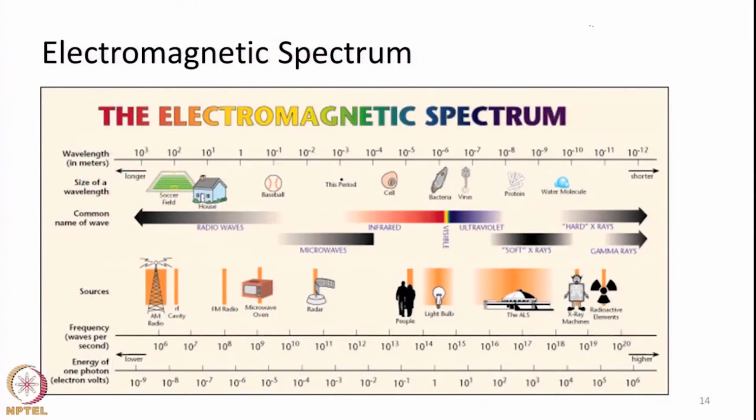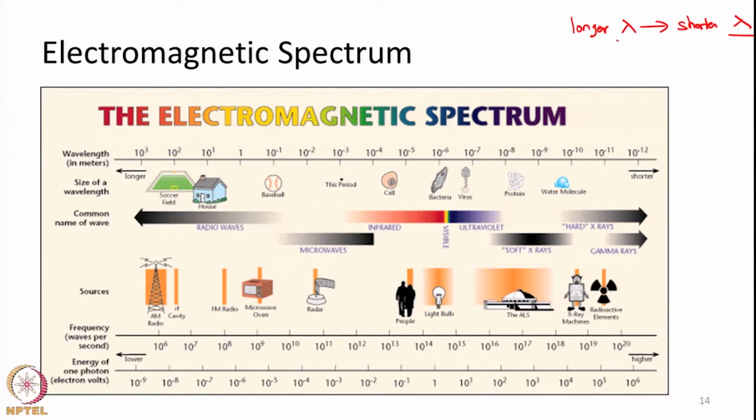Just for our convenience, for us to understand this energy better, we have divided this electromagnetic spectrum into different portions, and for each portion we have given a name. So, based on the wavelength or the frequency, this entire spectrum is divided into several portions. What are they? I will move from longer wavelength to shorter wavelength.